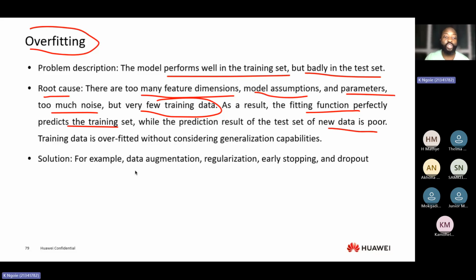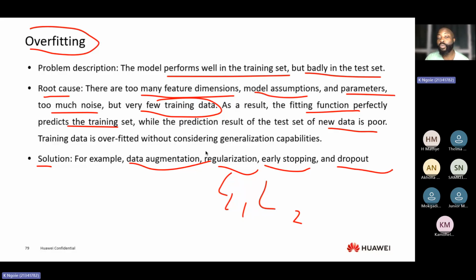Okay, so the solution for that, you must maybe do a data augmentation, get more data. Or you can use what? Regularization. Remember regularizers? We have the L1 and L2 norms that we spoke about. And then you can do an early stopping or a dropout.